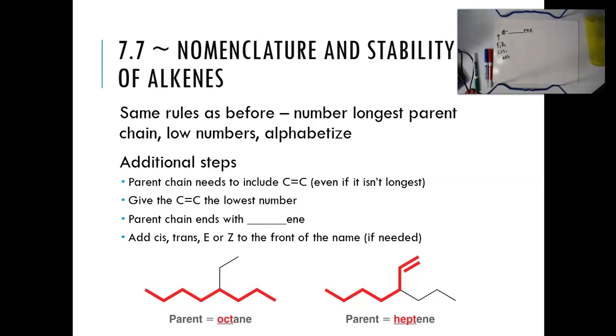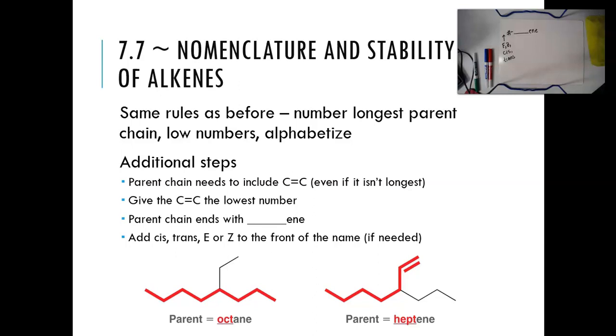Now, one of the nice things about naming double bonds is that because we've incorporated a functional group, we have a double bond, our functional group is going to get the lowest number possible. We don't need to look at the rest of the substituents to make this decision. We only have to look at where the alkene is located.